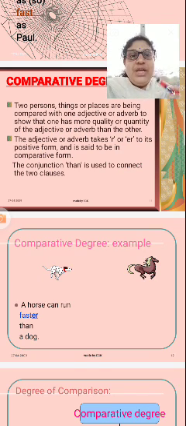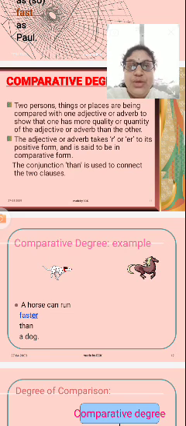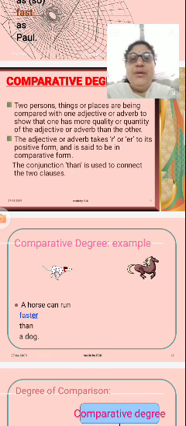So here we are showing that one person, thing, animal or place has more quality or more quantity than the other. Here we are showing the more quality of the horse. A horse can run faster than a dog. Here we have taken than because we have to connect the clauses.